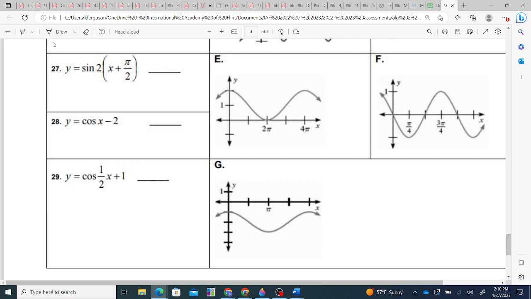All right. So let's look at F. So I got sine of 2 of x plus pi over 2. So my graph is supposed to start right here. Well, they drug it, because that's plus, they drug it this way. It's actually supposed to start right here, and they drug it that way. This distance right here is pi over 2.